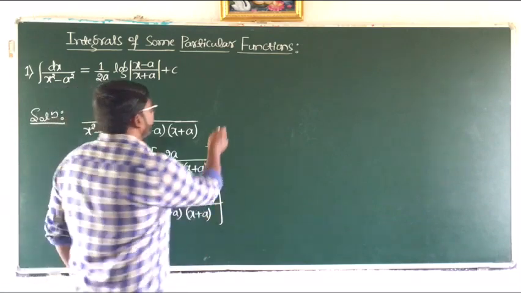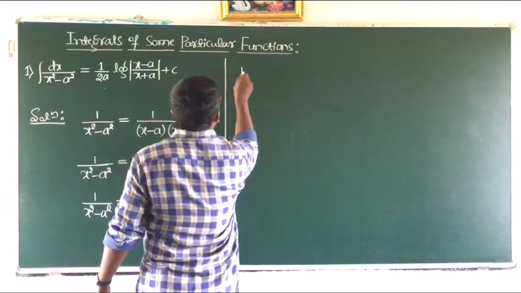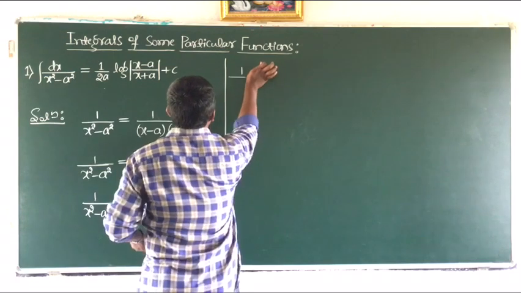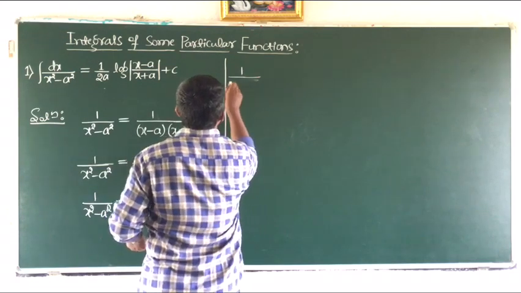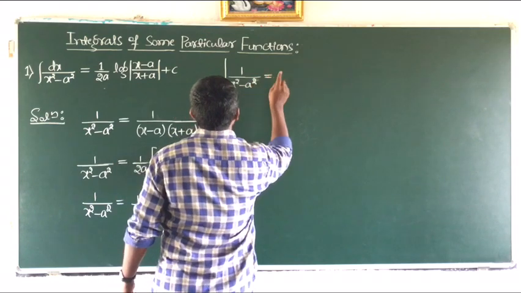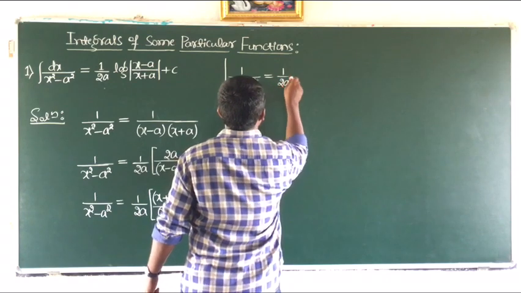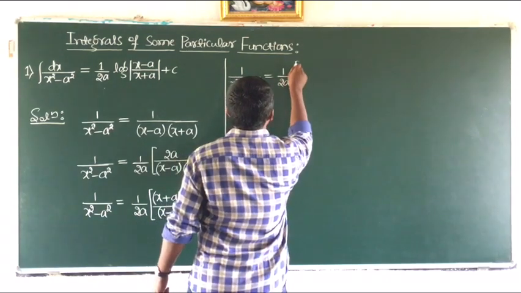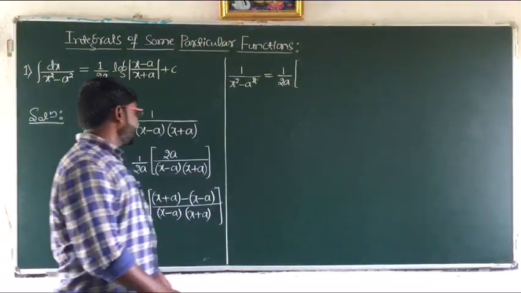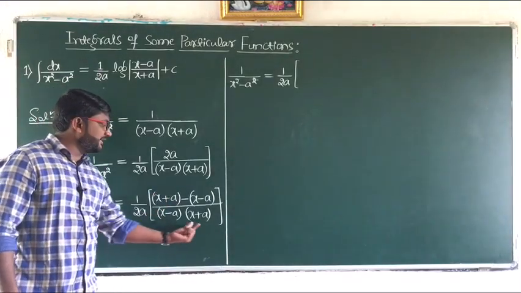Now go for splitting the terms. Write the LHS as it is, 1 divided by x square minus a square, which equals 1 by 2a, a constant, written outside. Then I split the term: we get x plus a divided by x minus a into x plus a.